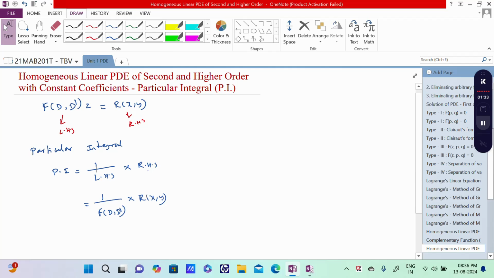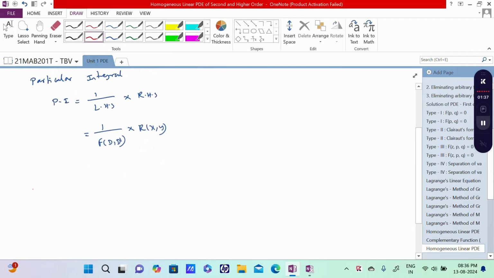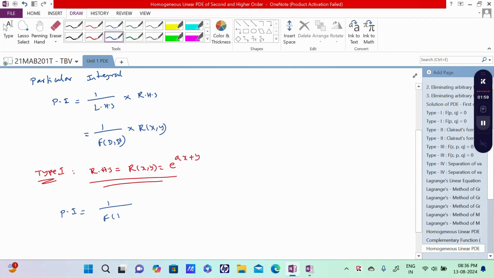Now type 1: when the right hand side value R of x comma y is e power ax plus by, this is one of the types. Now how to calculate this? The particular integral is nothing but 1 by the function of D comma D dash into R of x comma y.